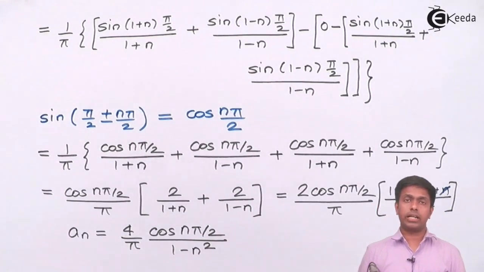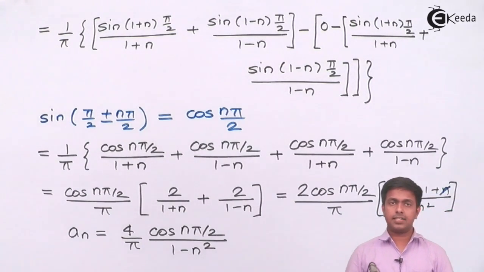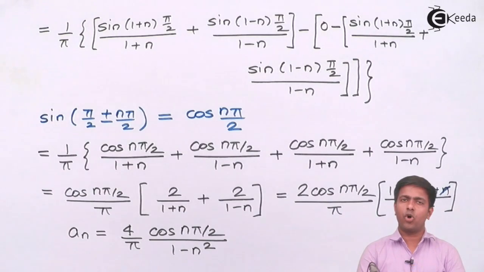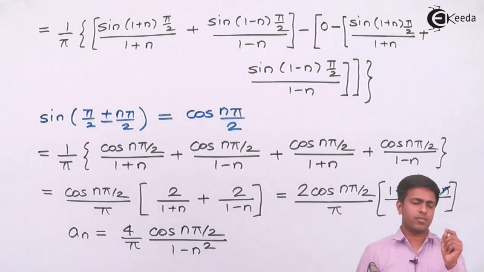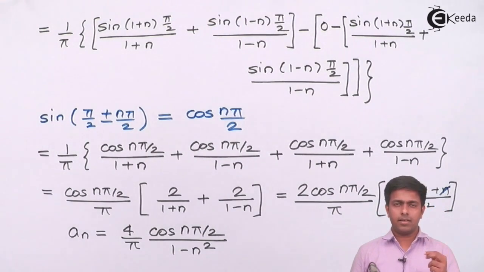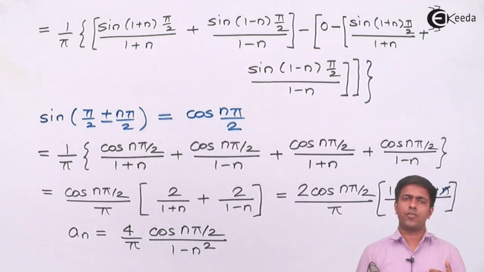So guys, here we got an. But guys, be careful, because the value of an that we got is not going to help us out, because if you see the Fourier series, we have summation n equal to 1 to infinity an cos nx. Now guys, there n starts from 1.